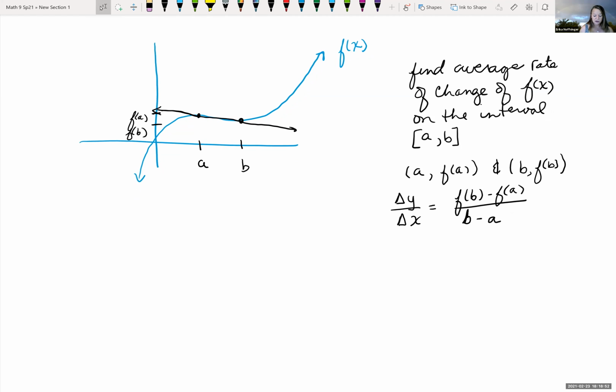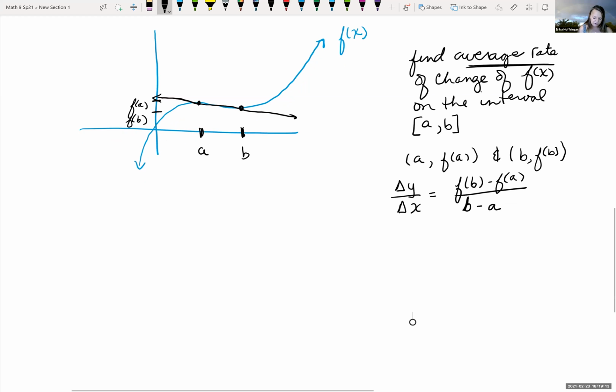Then we talked about the instantaneous rate of change. So this gives us kind of the average of what the slope is between these 2 points. But we want to find maybe the slope at one particular value. And so far in our mathematical careers, we've been able to only do that on lines.